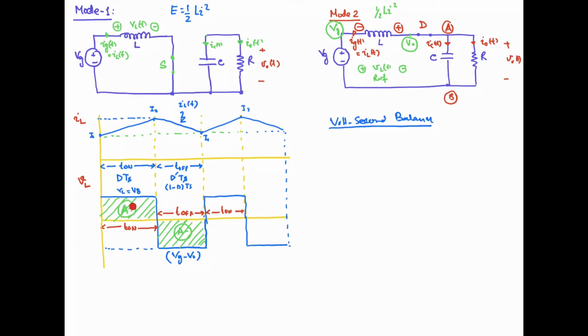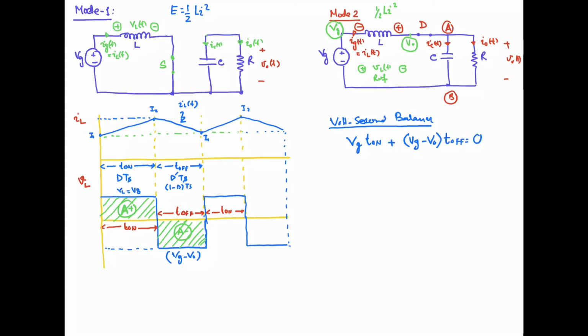The area covered over here in the positive voltage across the inductor is the height VL and this width equal to T on, right? So I can write the inductor voltage, that is equal to Vg, in this case Vg into T on, plus the inductor voltage, that is Vg minus V naught, for the time T off, and that should be equal to 0.